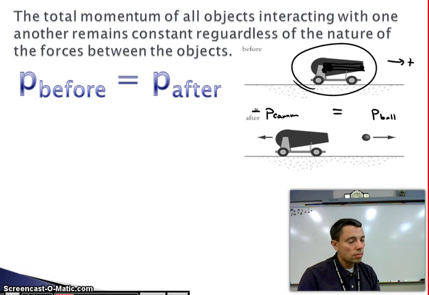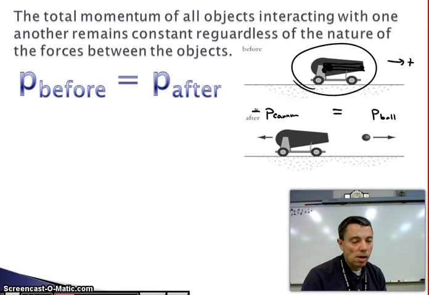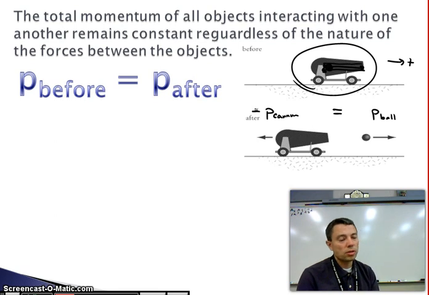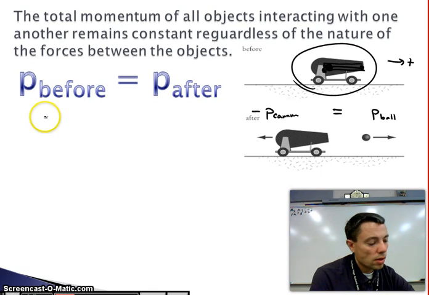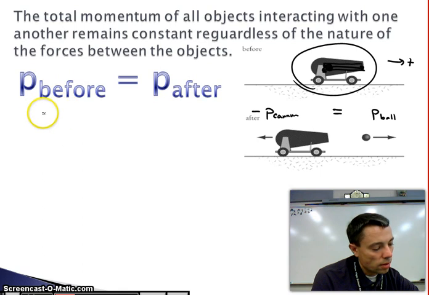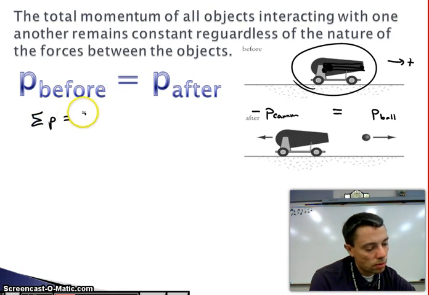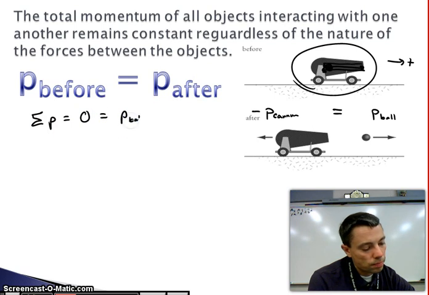Because again, the sum of the momentums is equal to 0, which means that the momentum of the ball plus the momentum of the cannon has to be equal to 0.